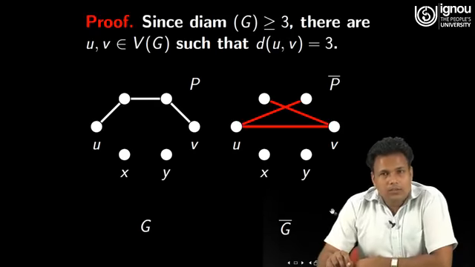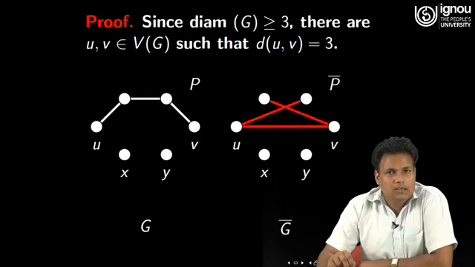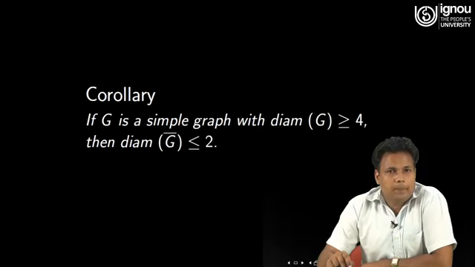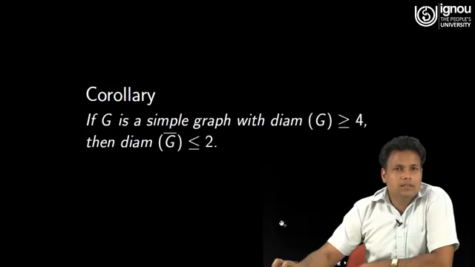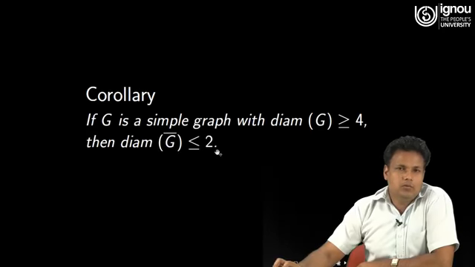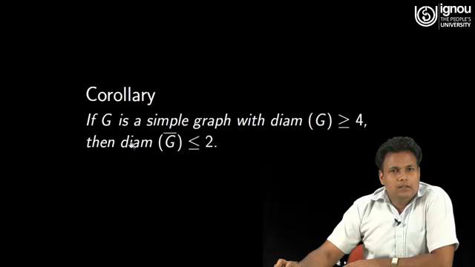So this is a very important result that relates the diameter of a graph and the diameter of the complement of the graph. Now there is a nice corollary of this theorem. It says that if G is a simple graph with diameter at least 4, then the diameter of its complement is at most 2. It is easy, you just use the method of contradiction.